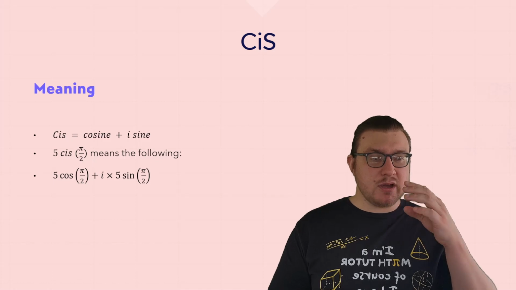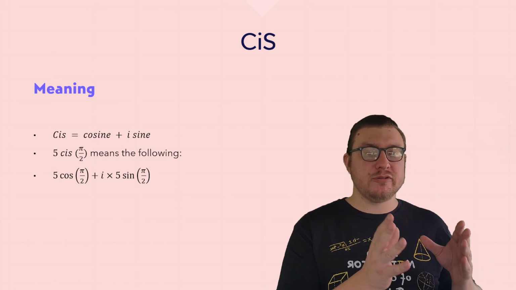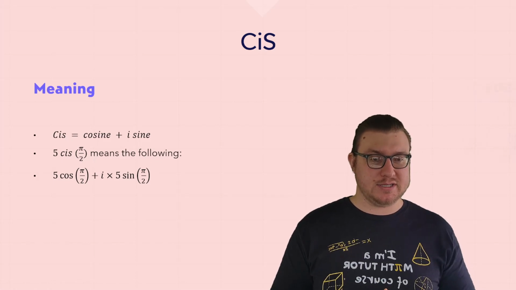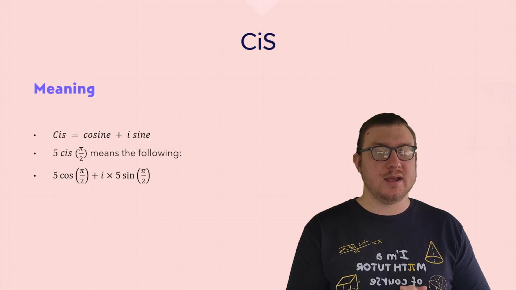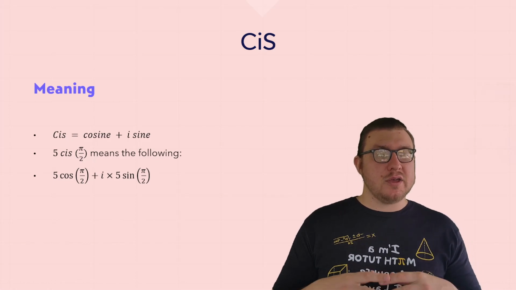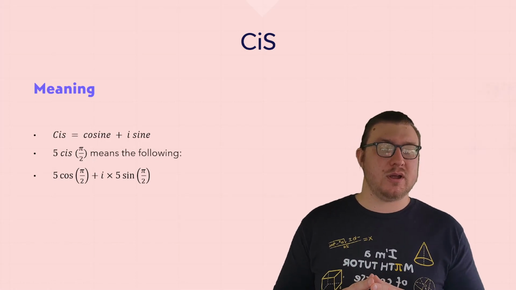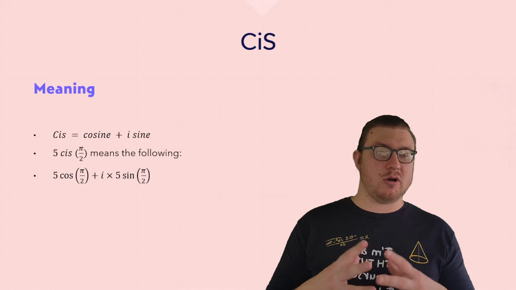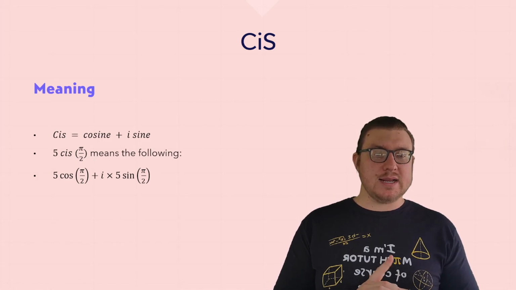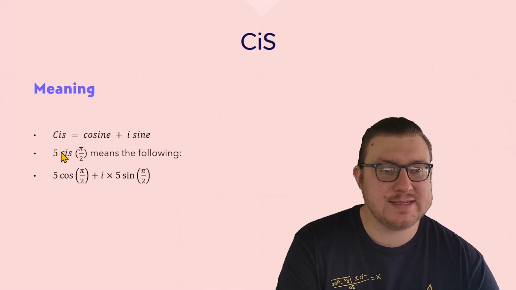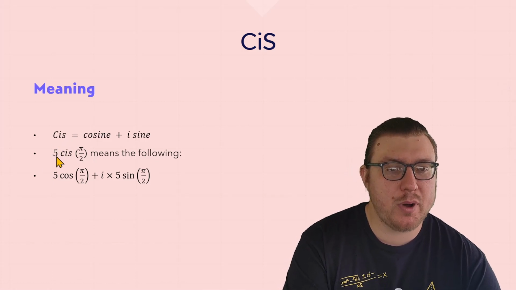Whatever you use for the angle, the sine of the angle is going to give you the imaginary part. That's why we have the i in front of it. The cosine, however, will always give us the x value, the real part in our graph. It's very important to remember that the 5 in front is a scaling factor for both.